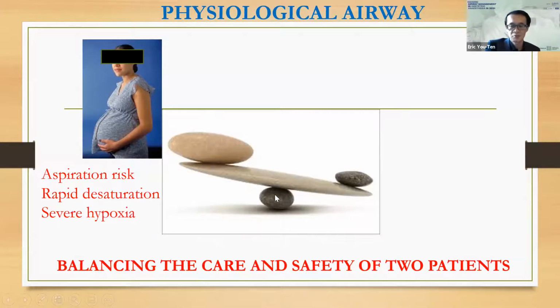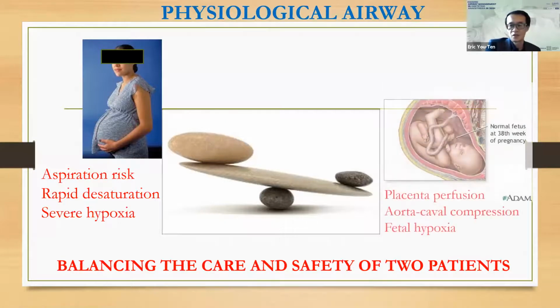This can happen once a patient is apneic. In addition, you need to balance the fetal placental perfusion to deal with the potential aortocaval compression if it was a patient who was not properly positioned. And as a result, any hemodynamic changes or hypoxia that's felt by the mother can result in fetal hypoxia as well.